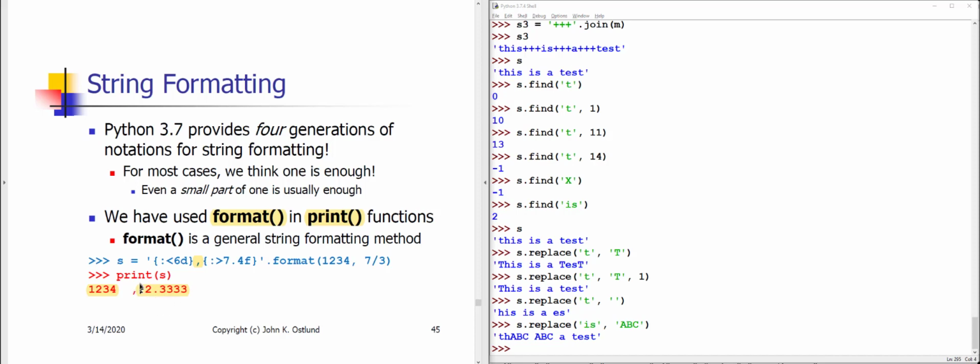So I'm going to get space 2 point and then 4 digits after the decimal point.